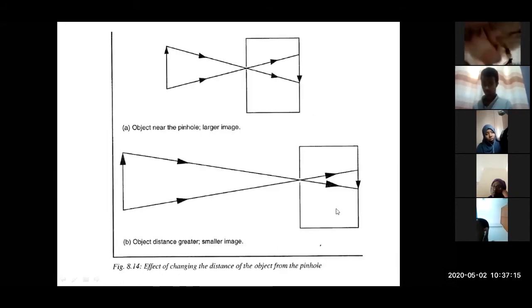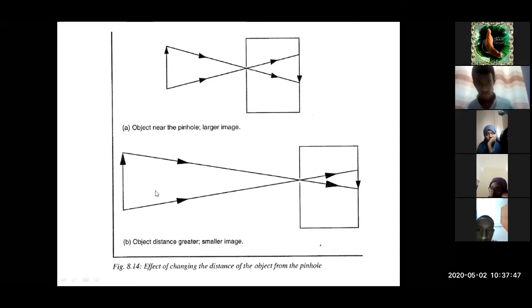Compared to the object, you can see this image is smaller. We want to look at other characteristics. Now, when we see the object near the pinhole, and here the object is away from the pinhole, that is the object distance. I want you to use your eye to give the characteristics of the image formed when the object is near the pinhole and when it is far from the pinhole camera.